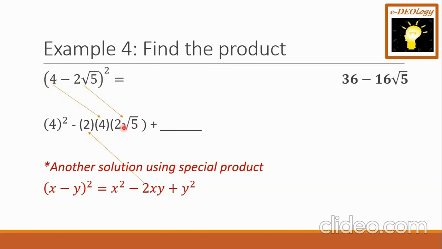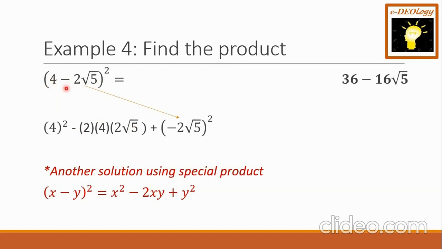So you see here the 2 square root of 5, the negative sign is already here. And then this number 2 here is a constant that we should always place. And the third blank is for this term negative 2 square root of 5, and we will put the power 2. So we were able to place all the necessary values.